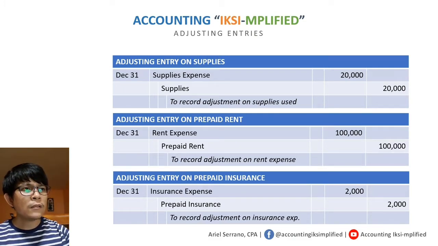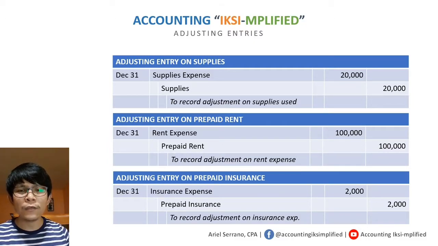Our debits are supplies expense, rent expense, and insurance expense for the corresponding amounts. And our credits here are supplies, prepaid rent, and prepaid insurance. Remember that a prepaid asset, or prepaid expense, has a normal balance of debit because this is an asset. So when there is a reduction, we credit it.